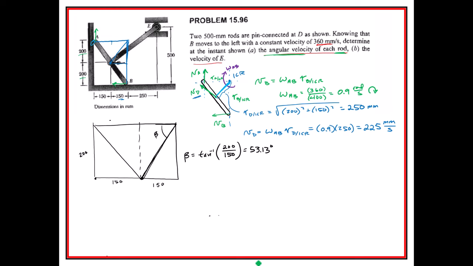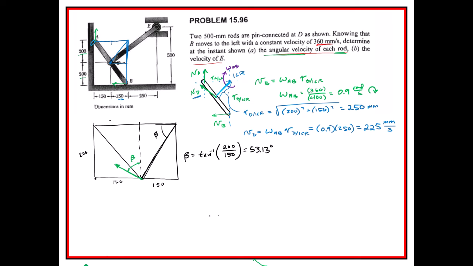We'll draw up here as best we can our angle right there. There's our velocity at D right in here. And if we're looking at this, we would find that we also have this angle is going to be the beta right in there. That angle that's formed right in here. That's beta.